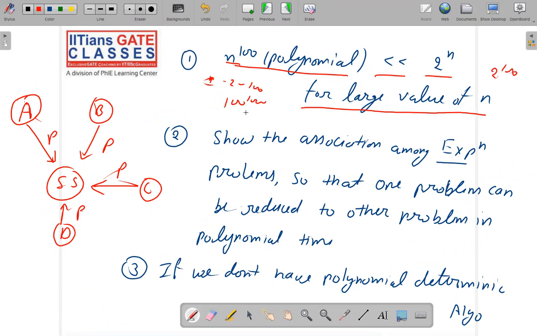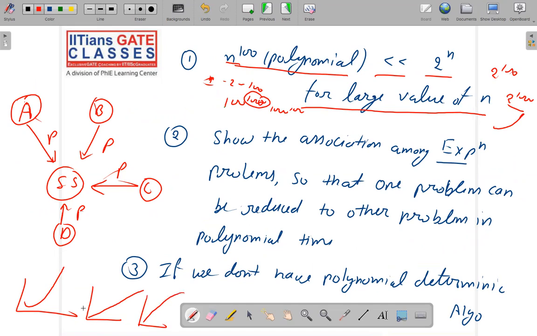Then if you increase to 1000, this power will remain constant, like 1000 power 100, but 2 raised to power 1000 is exponential. If you draw the exponential graph, it goes like this, and the polynomial graph goes like this. So exponential is the problem. Once the input size increases, exponential explodes. So this is the first point: polynomial time is always better.